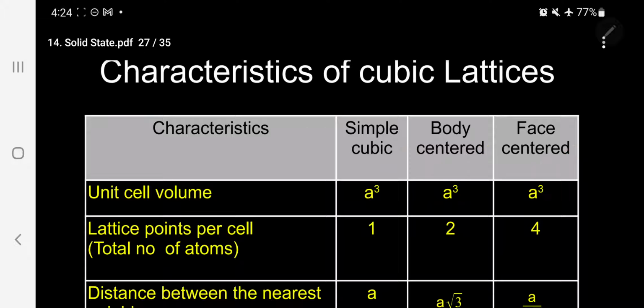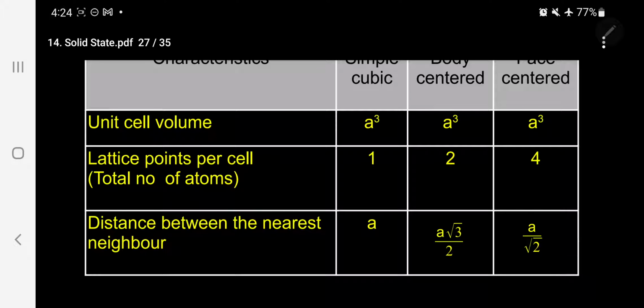Kindly follow. So this you have to memorize. The next is the distance between the nearest neighbors, that is the a value. Simple cubic a, body centered a root 3 by 2, then face centered a by root 2.